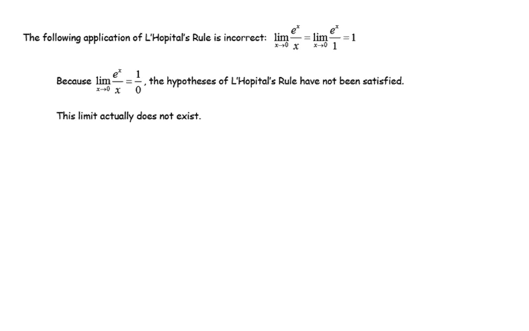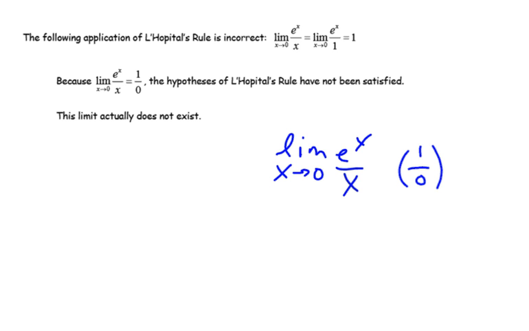If you had the limit as x approaches 0 of e to the x over x, and you plug in 0 here, then you would get 1 over something approaching 0. So L'Hopital's rule did not actually apply there. In this incorrect format, the person applied L'Hopital's rule getting 1, which is incorrect. L'Hopital's rule does not apply for that one. That one is just simply equal to infinity.